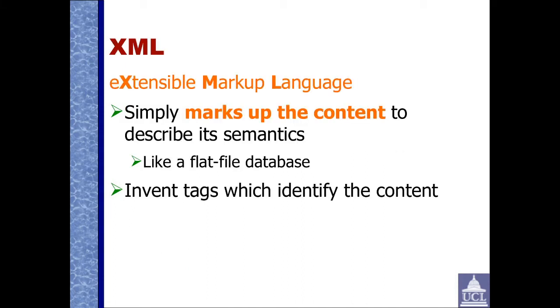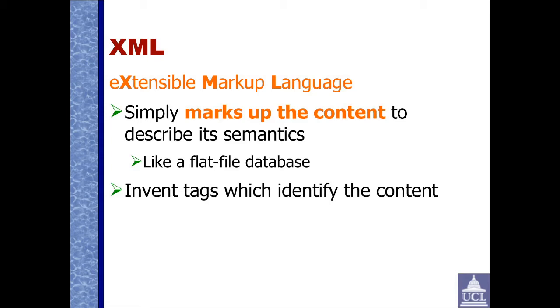So we're going to start with XML because that's kind of the basis of what we're trying to look at. XML stands for Extensible Markup Language, and as I said, it uses simple text markup to indicate what's in the file, and it simply marks up the content to describe its semantics, so what the following piece of data means.